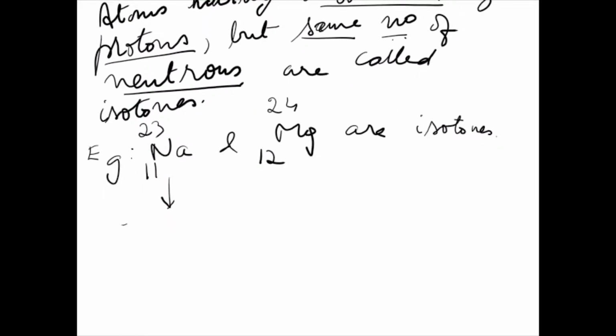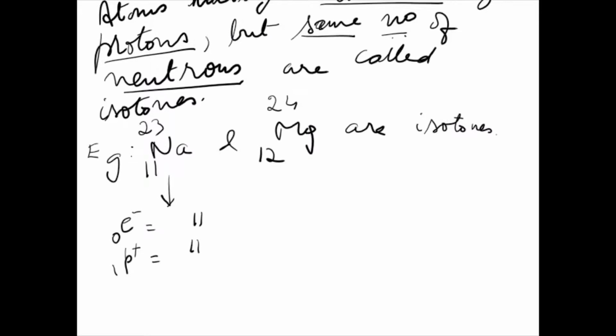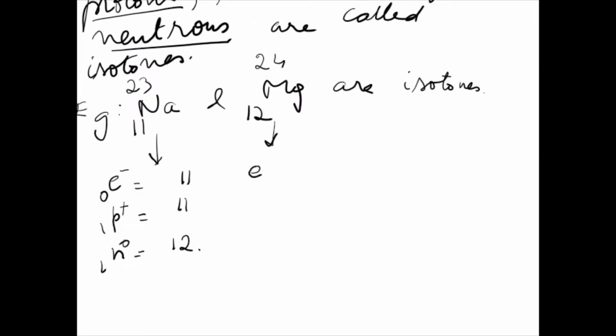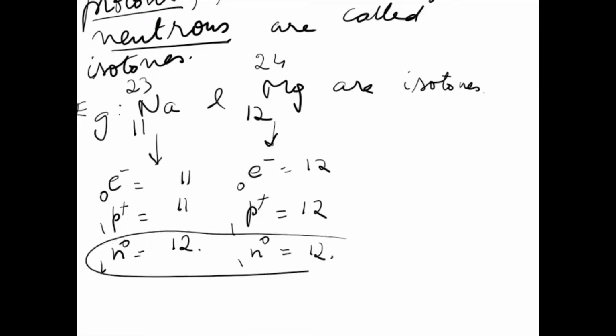Number of electrons is 11, number of protons is 11, number of neutrons is 12. Now in this Mg 12 24, number of electrons 12, number of protons 12, number of neutrons 12. See, so they have same number of neutrons. So therefore they are called isotones.